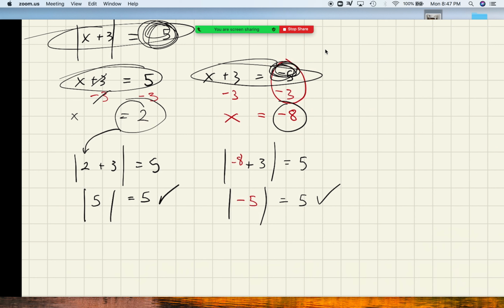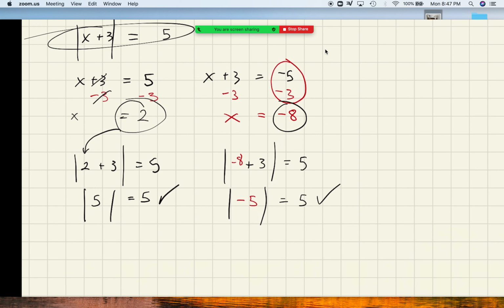It might be a little bit more complicated, but that's the general idea. If you have an absolute value equation, you just make two cases. One where it's exactly the same, and then one where it's almost the same. You just change the sign of the other number on the side.